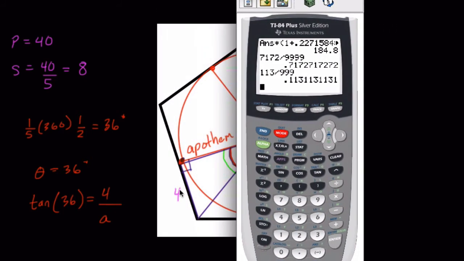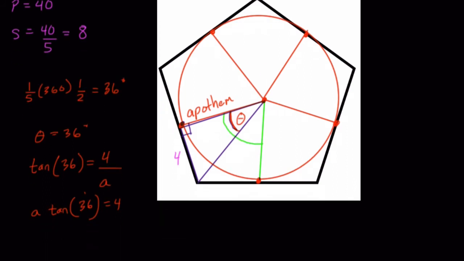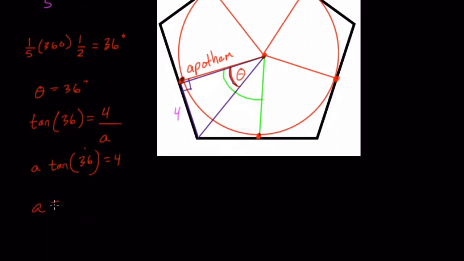And here, right, so if I want to find A, what would I do? Well, if I go back to some basic algebra here, multiply both sides by A, and we get A times the tangent of 36 degrees equals 4, and then to solve for A is going to be equal to 4 divided by the tangent of 36, right?